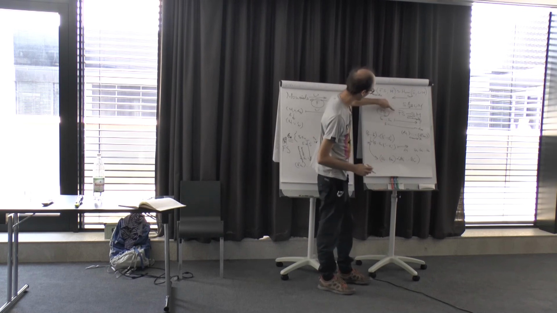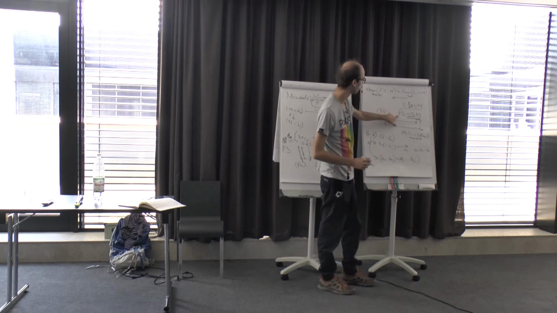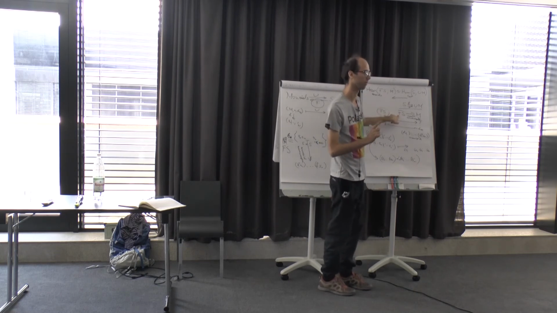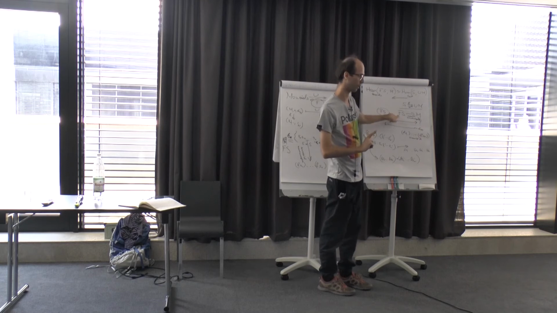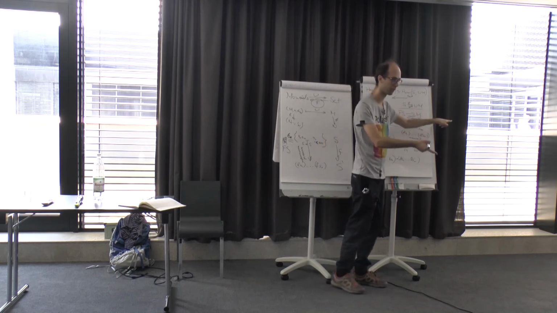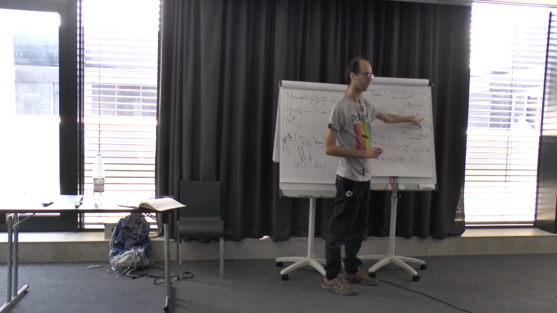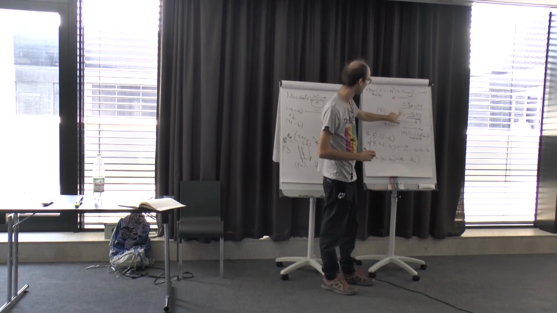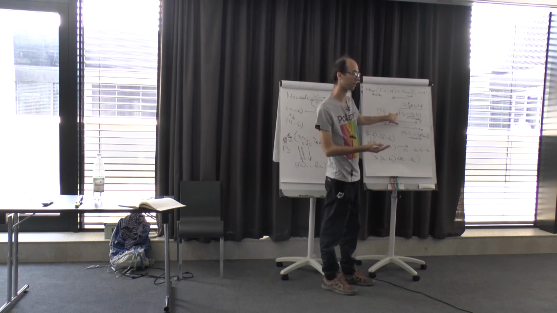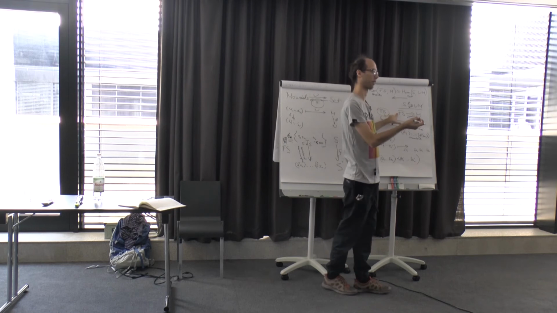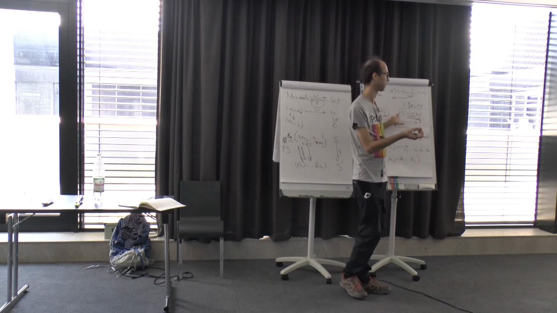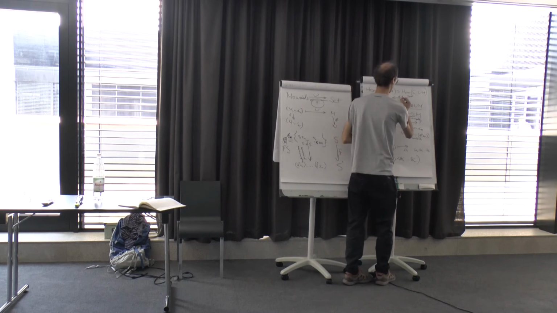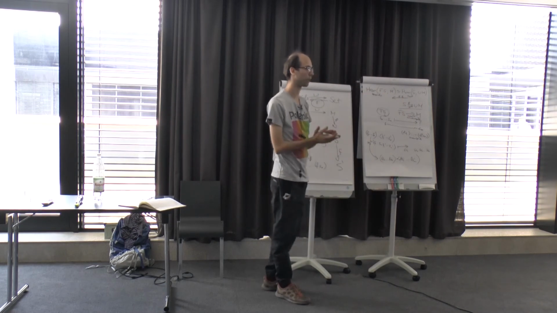Because what this constructed map does with S, the word that contains just a single letter from our alphabet, it maps to F of S. So if we have two such F and F prime that on this level are equal, it will mean that they are equal on words of length 1, which means that they must be equal. So this is one to one. It doesn't glue any arrow.